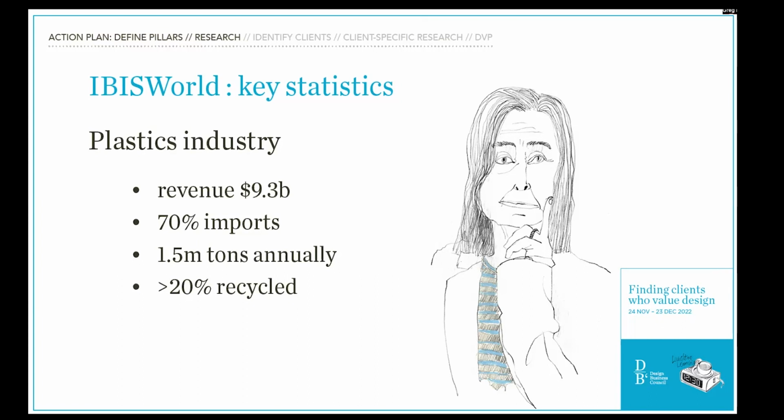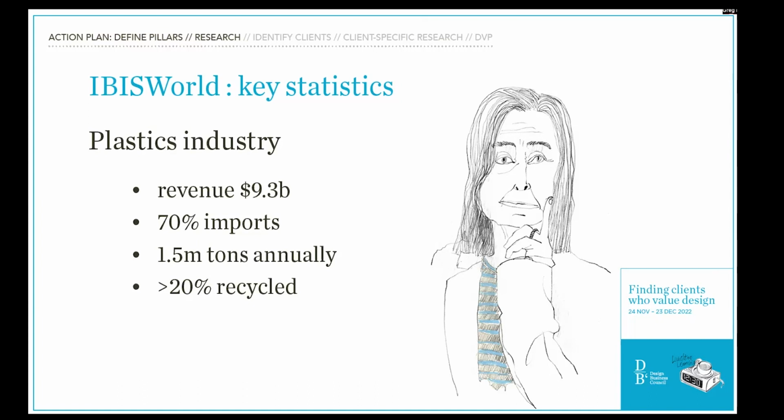There's a whole lot of environmental issues around imported plastics, and so there's a very good story there for import replacement. There's certainly incentives in the federal government's industry packages for import replacements. So what that says is, with 70% of it being imports, there's a massive market there for import replacements.